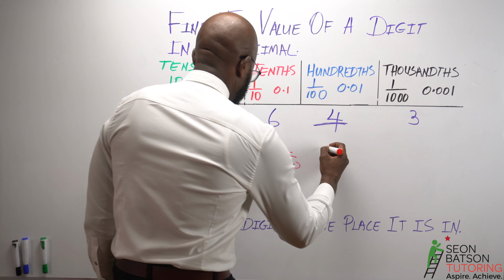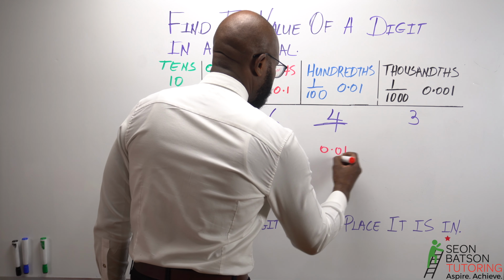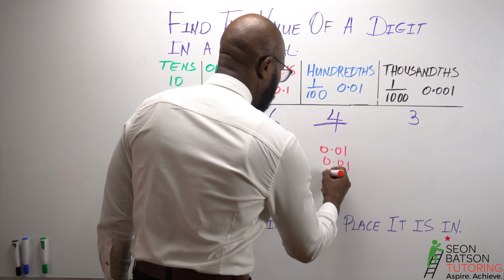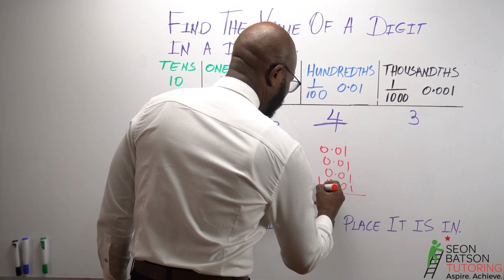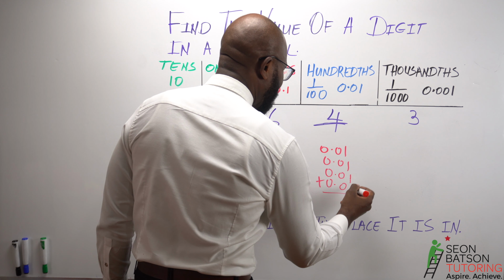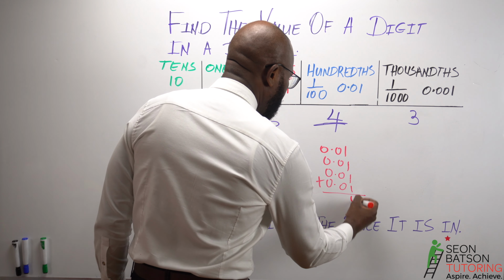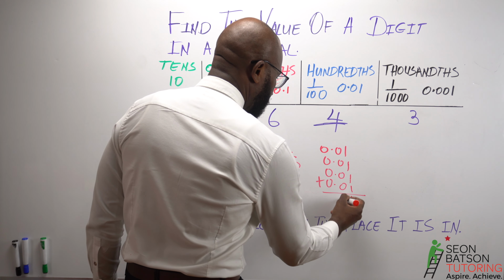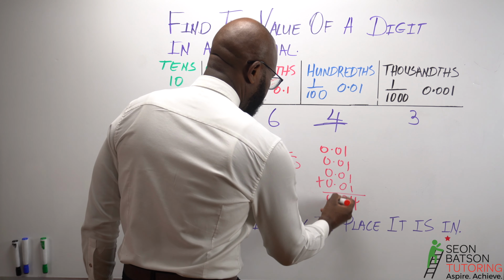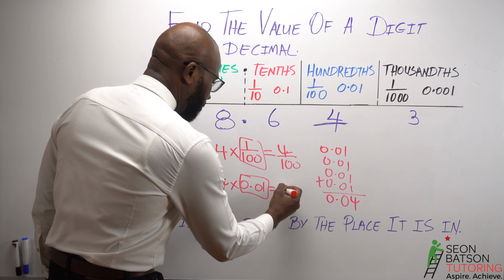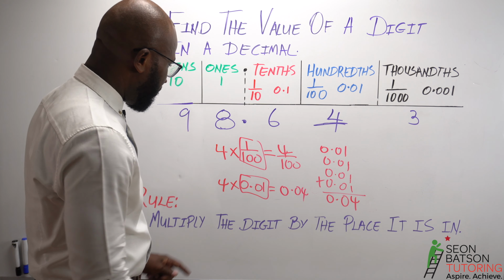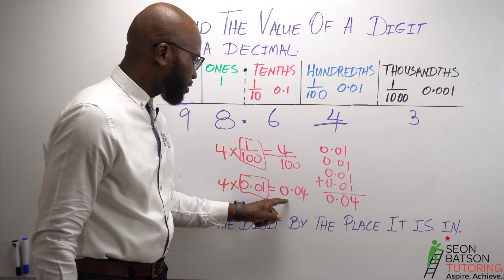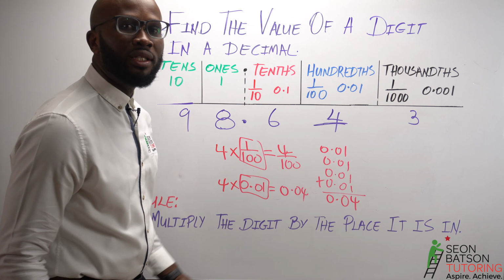So we have 1, 2, 3, and 4. And we add: 1 plus 1 is 2, plus 1 is 3, plus 1 is 4. We have all zeros in this column, so we have all zeros here as well. So this will give us 0.04.